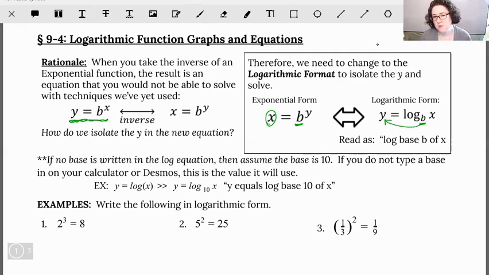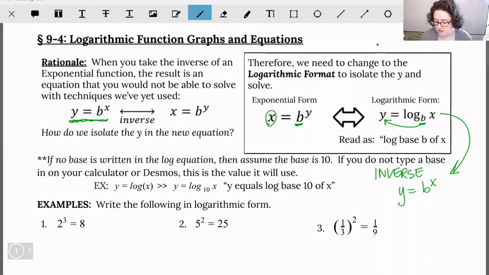And if we go all the way back, if we think about how we even arrived at this, our original equation, y equals b raised to the x, and we took the inverse of it, and then we changed it over to logarithm form. So technically the inverse of the log would be what we started with at the beginning, y equals b raised to the x.